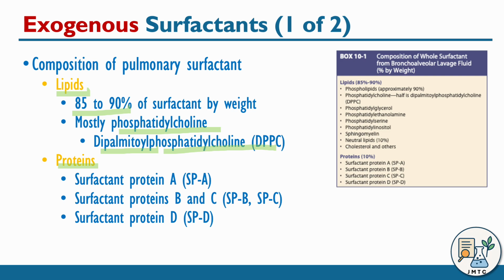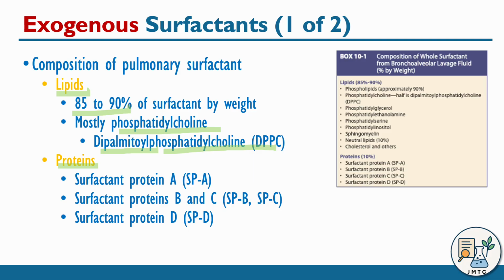Pero important rin itong second component natin, which is your proteins, making up about 10%. So, there are 4 types: surfactant protein A, B, C, and D. And these proteins help surfactant work effectively. So, para siyang synergistic effect. So, it's not lipids alone.